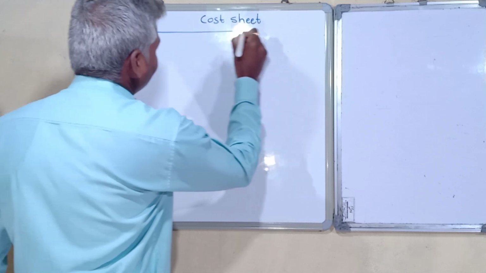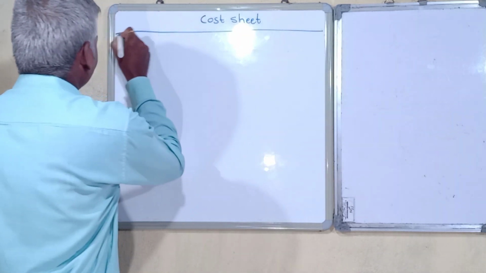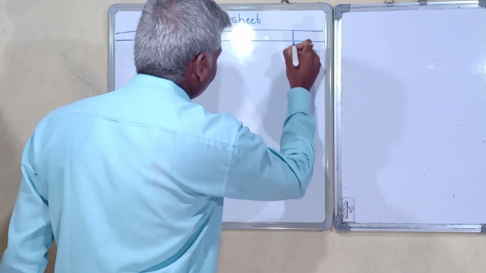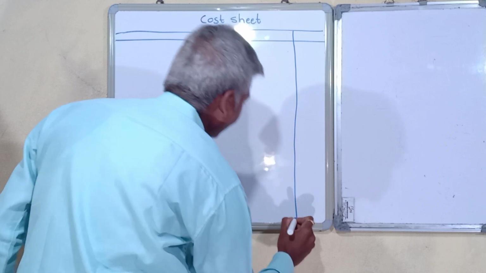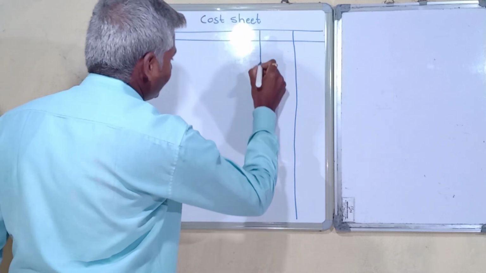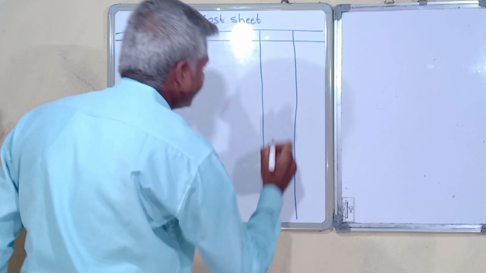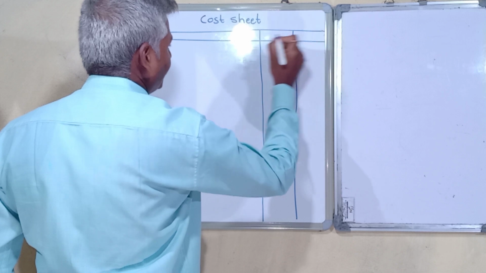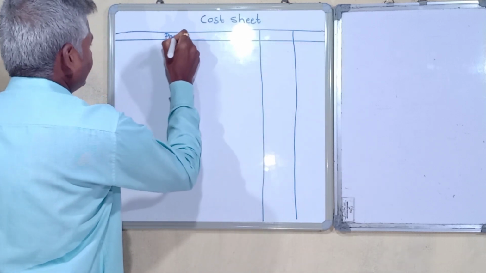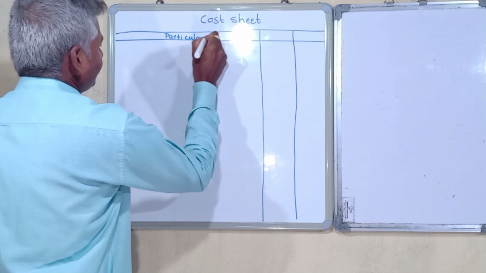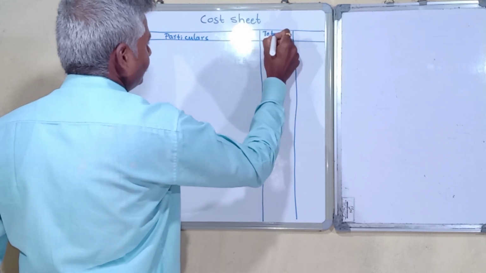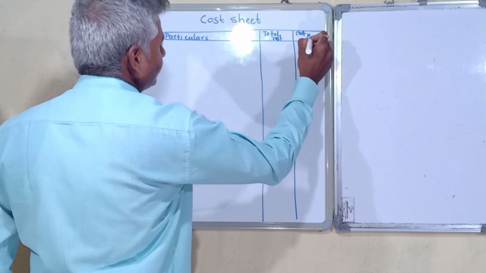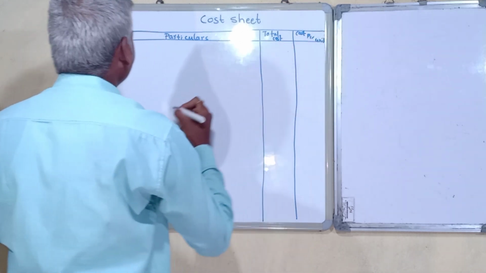Then there are particulars, total cost, and we are solving the unit costing, so there is one more column, that is cost per unit.